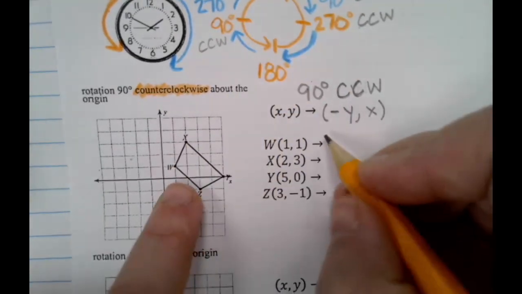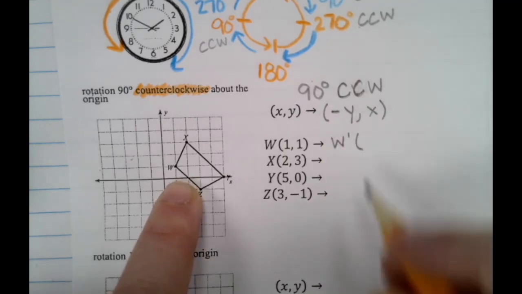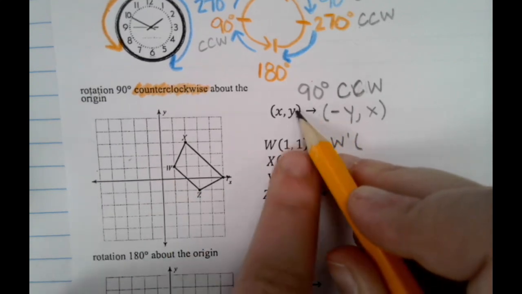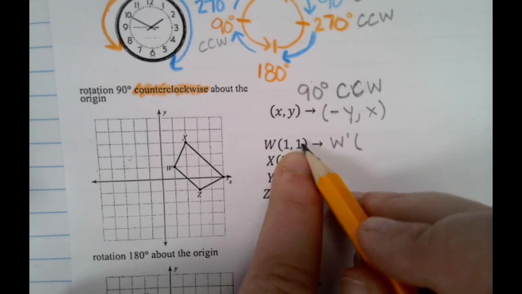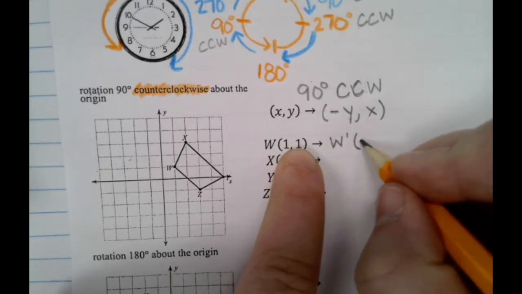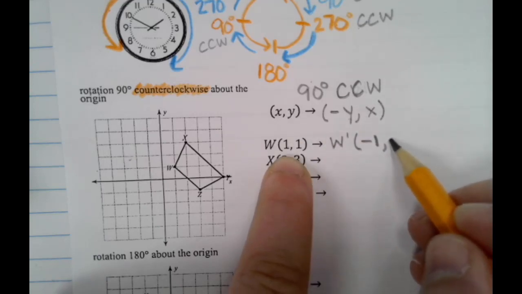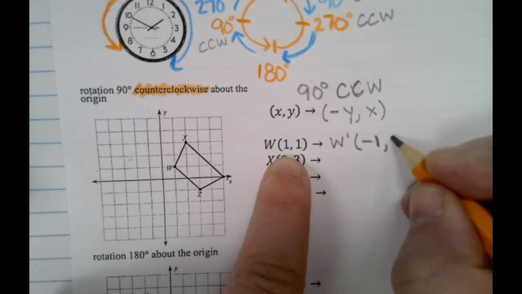Now if I find our new ordered pairs, I'm going to go to W prime. I'm going to start with my y coordinate, the second number, and I want to do the opposite of the second number. So what's opposite of 1? Negative 1. And then I want my x to be the next point. So what's my x coordinate? 1.